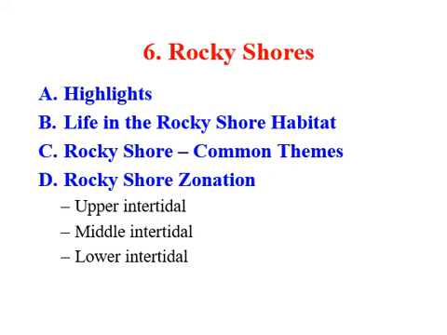So we'll look at these four different aspects of rocky shore intertidal ecosystems, with a focus, as we'll see, being this zonation. This is where zonation can be very well illustrated. It's well studied, and it will illustrate this point that I've been making all along, that zonation is quite common, one of the major themes of intertidal ecosystems.